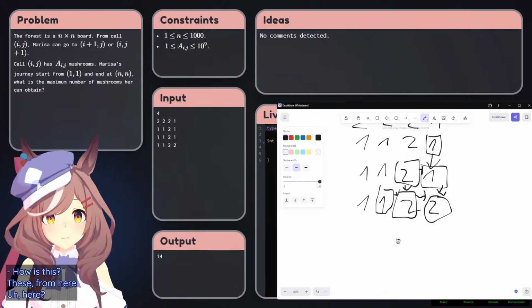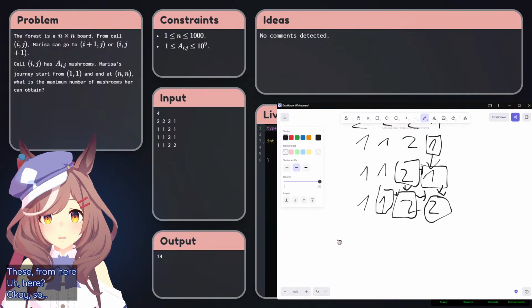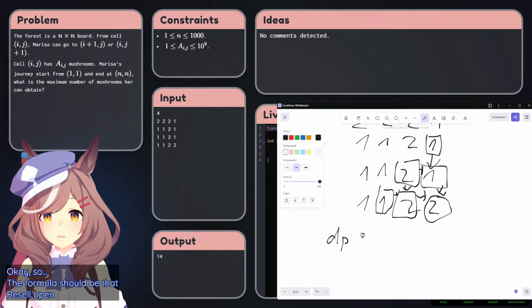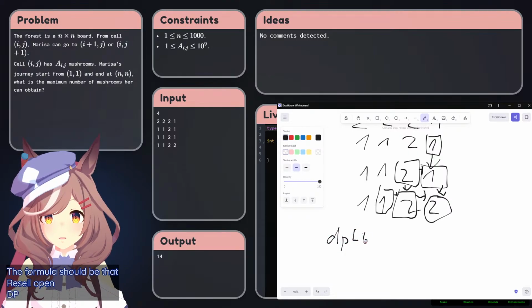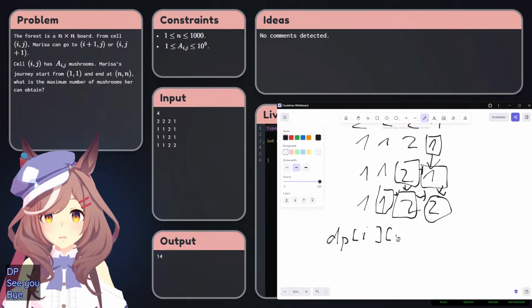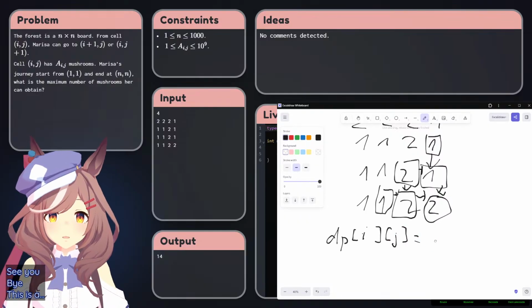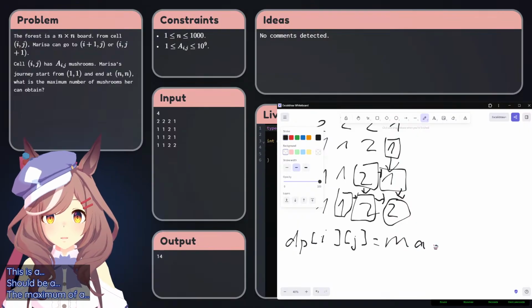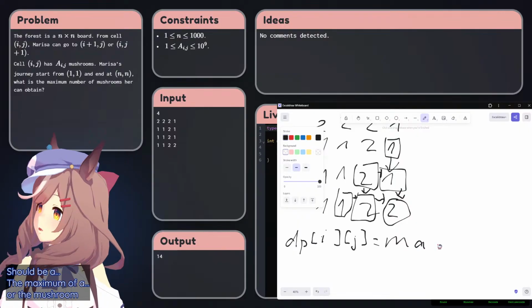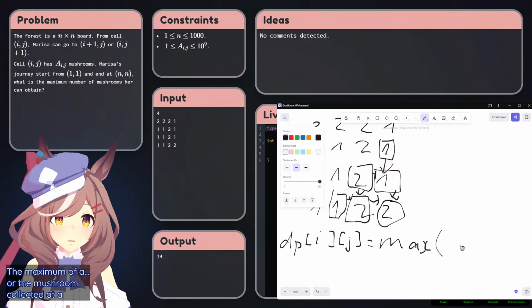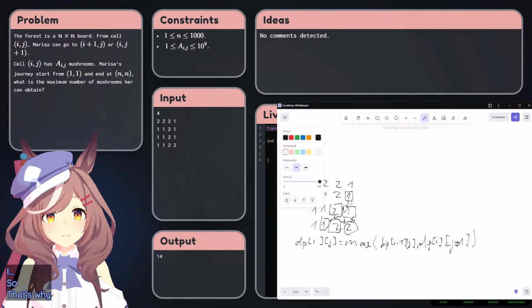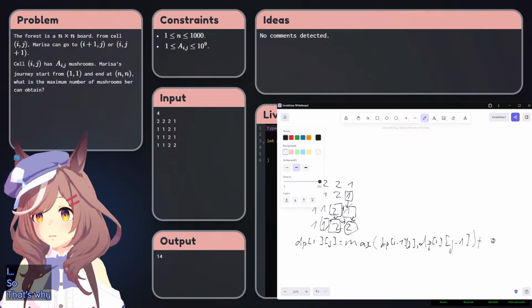Okay, so the formula should be that the result of dp of i j should be the maximum of all the mushrooms collected at dp i minus 1 j and dp i j minus 1, plus the mushroom that she collects at this position.